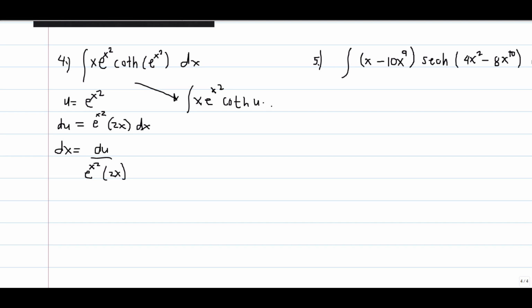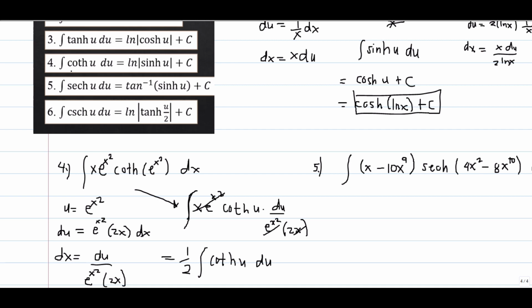So where dx here is equivalent to du over e to the power x squared times 2x. Therefore, we can now cancel x here, and then e to the power x squared, so this would be cancelled out. The remaining is 1/2 the integral of cosh u du.